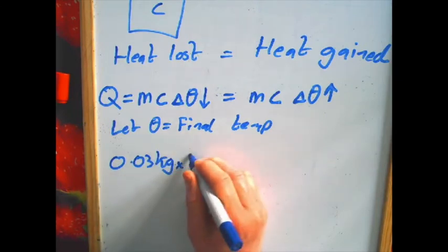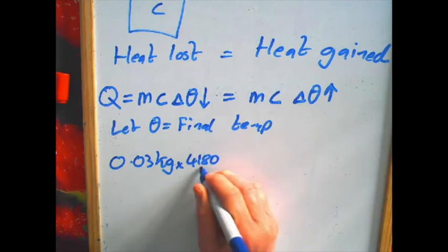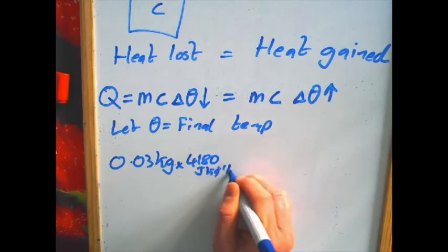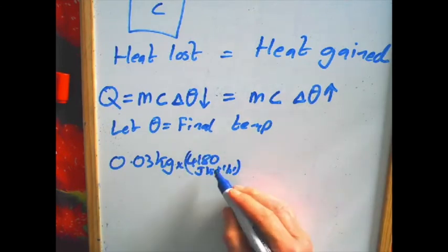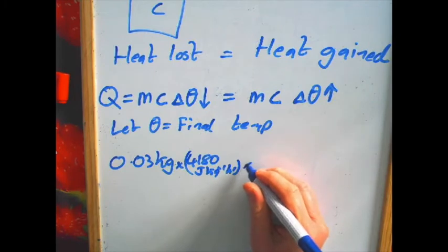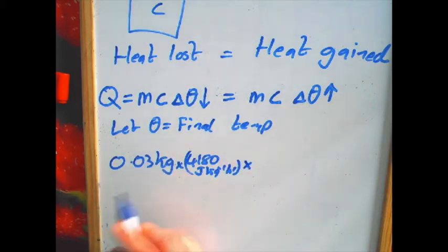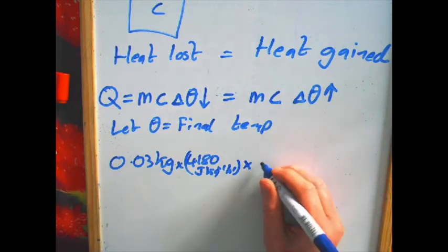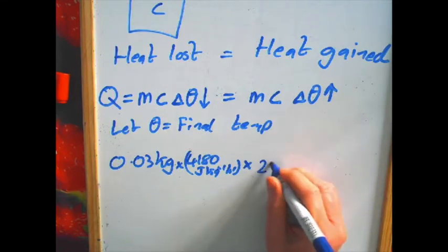Okay, so let's deal with this side first, for the heat lost. Well, the hot water, how much of it did we have? We had 30 grams of hot water, which is the same as saying 0.03 kilograms of the water times the heat capacity, 4180 joules per kilogram per Kelvin. Just writing it underneath so we can fit this in. Times the temperature difference.